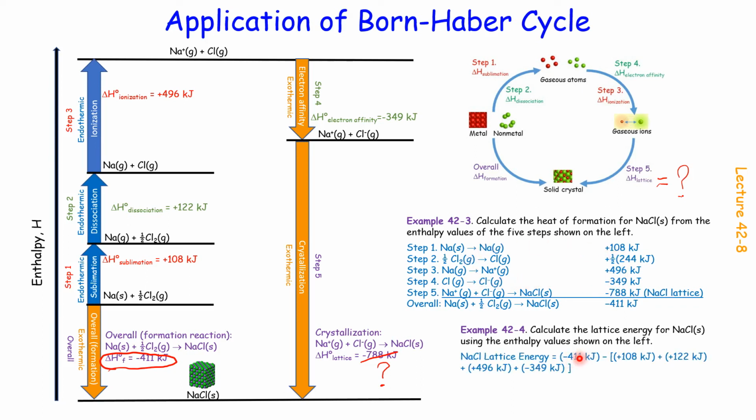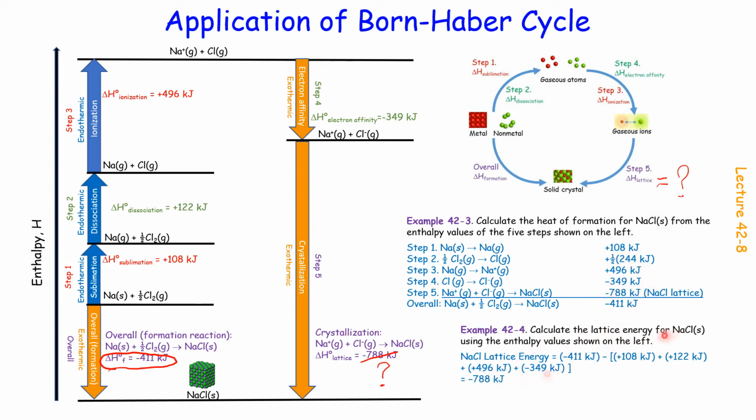So this is the ΔH formation, or the ΔH value for the overall reaction, negative 411, subtracted by the sum of the ΔH value in step number 1, step number 2, step number 3, and step number 4.